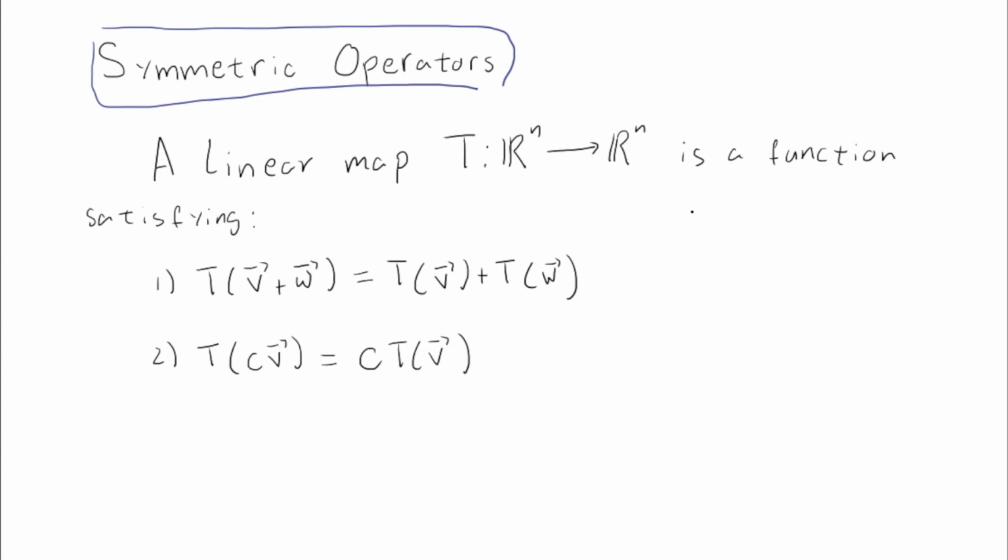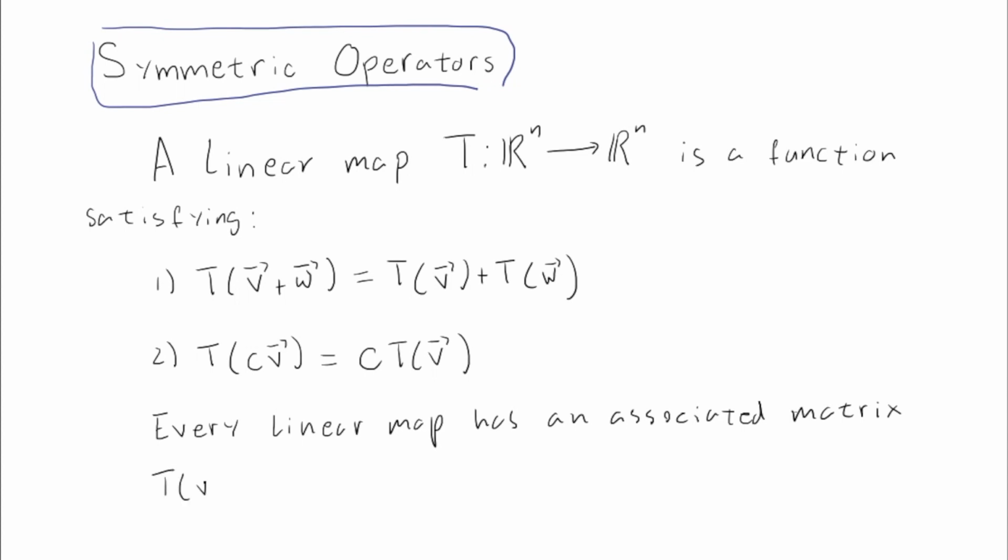So this is the linear map from Rn to Rn, and we know that every linear map has an associated matrix. In this case, it's going to be an n by n matrix, such that if you apply T to a vector v, that's just multiplying the vector v by a matrix.